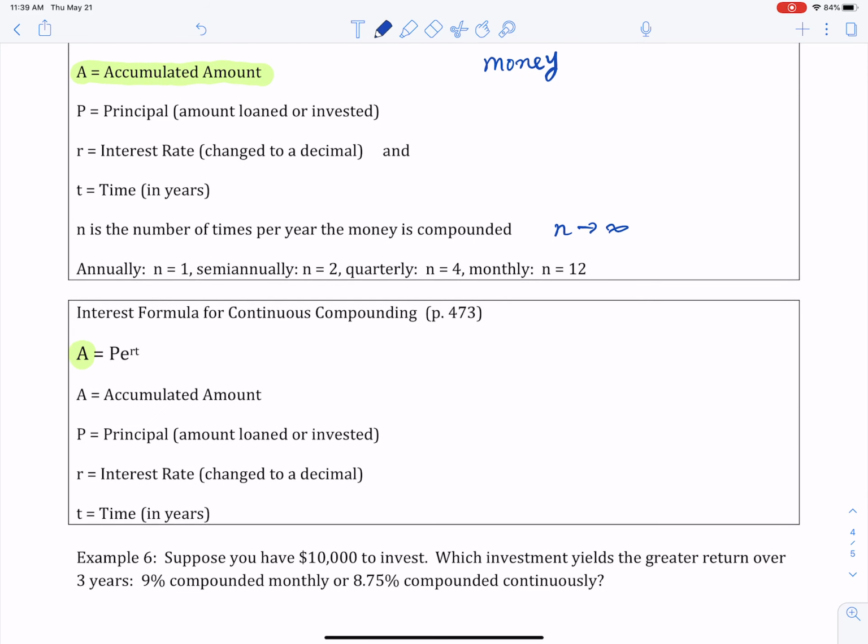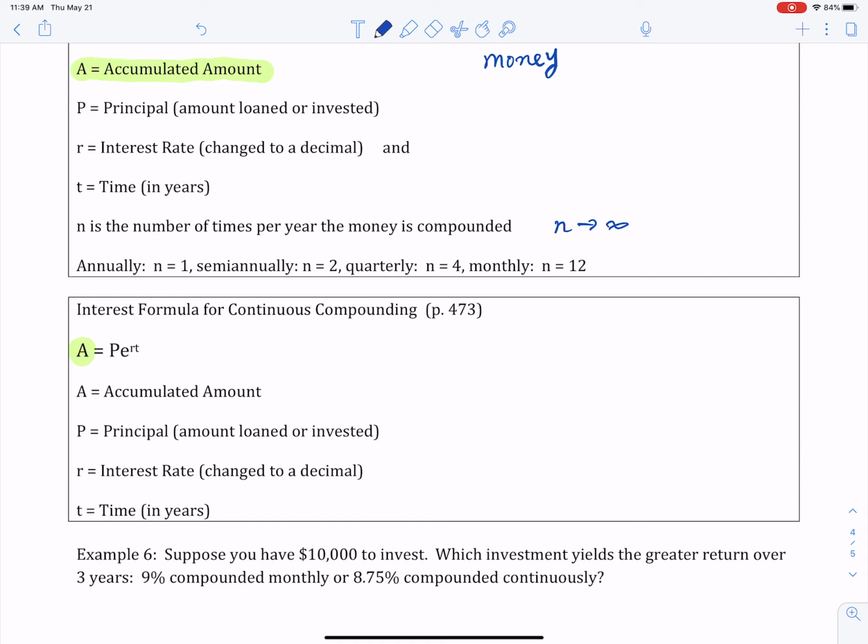Well, the continuously compounding formula we use usually for natural examples. Bacteria grow, because bacteria doesn't grow twice per year or twice per hour. Bacteria grow all the time, so for a continuous process, let's say bacteria.